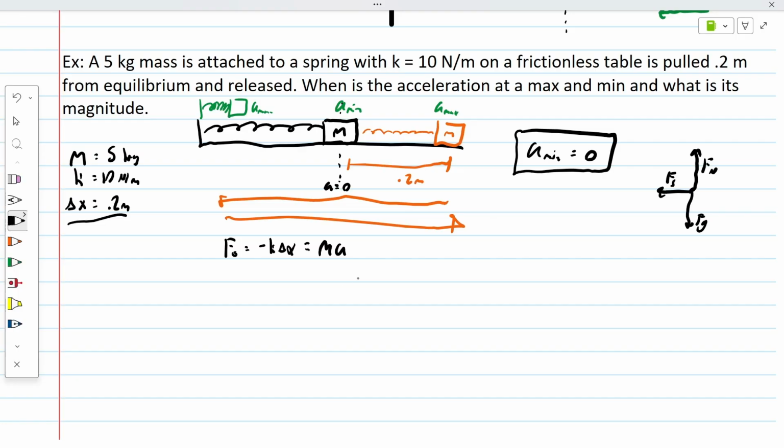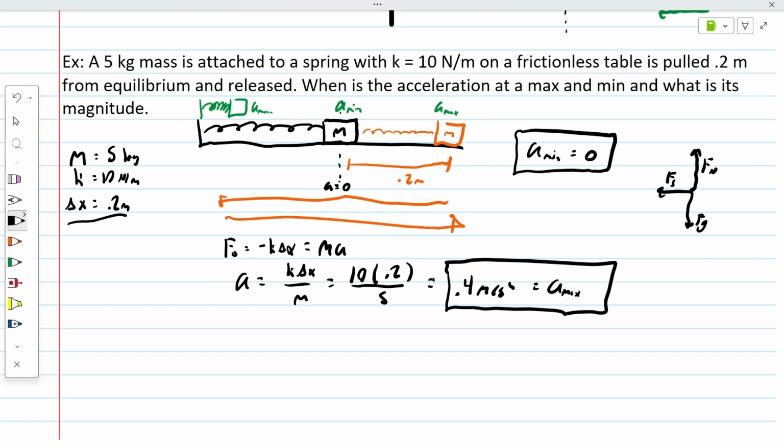Since we're just looking for the magnitude of acceleration, we can drop that out, and we can solve for acceleration by saying k change in x over m. And so we have all these variables now, so we can just plug these in, and we get 0.4 meters per second squared is equal to a max.